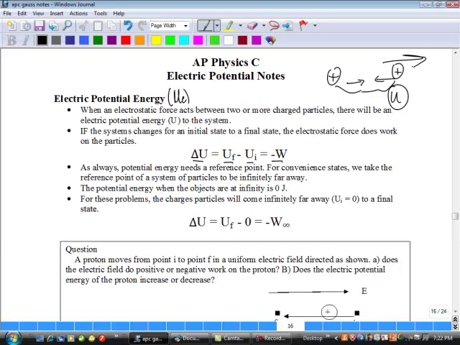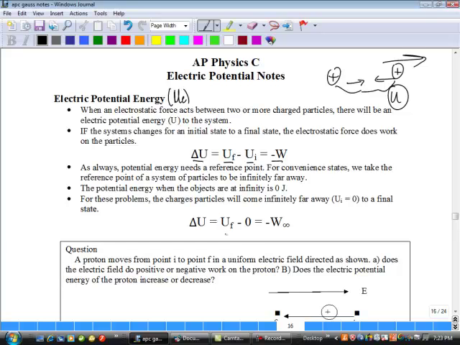For potential energy problems, most of us will start off at infinity, because remember, we have to have a reference point. When we have gravitational potential energy, the reference point's usually the ground. When we're talking in terms of electricity, we're going to move something from infinity to point P. When we move from infinity, our initial point will be 0, because an object infinitely far away will have 0 potential energy.